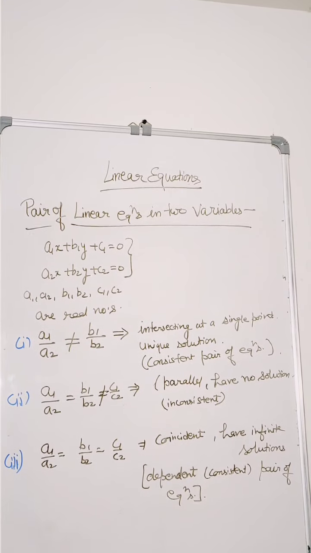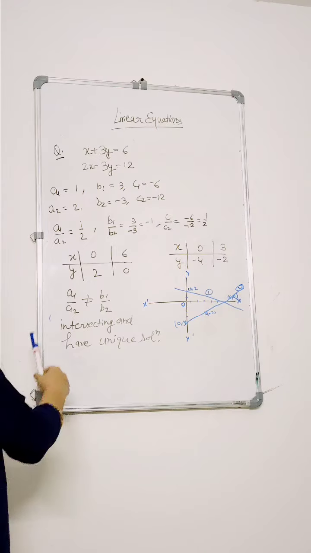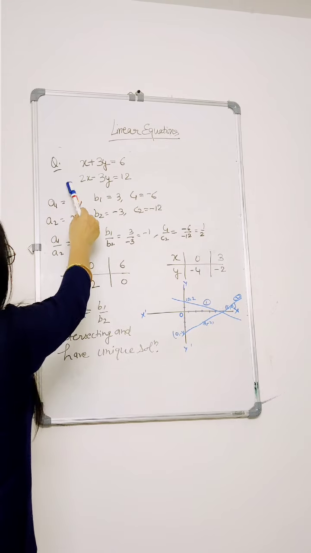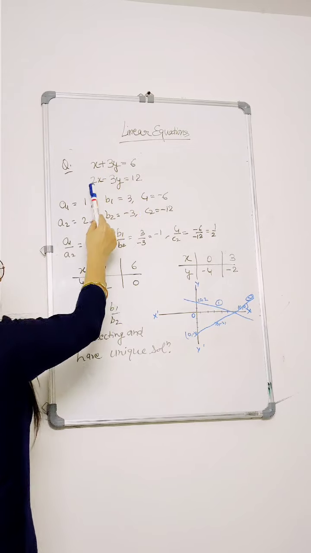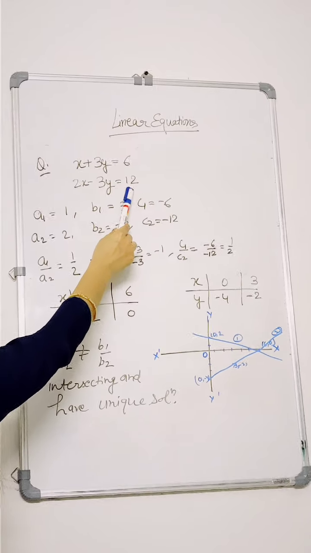We see this by an example. The example of a pair of linear equations is x plus 3y is equal to 6, 2x minus 3y is equal to 12.